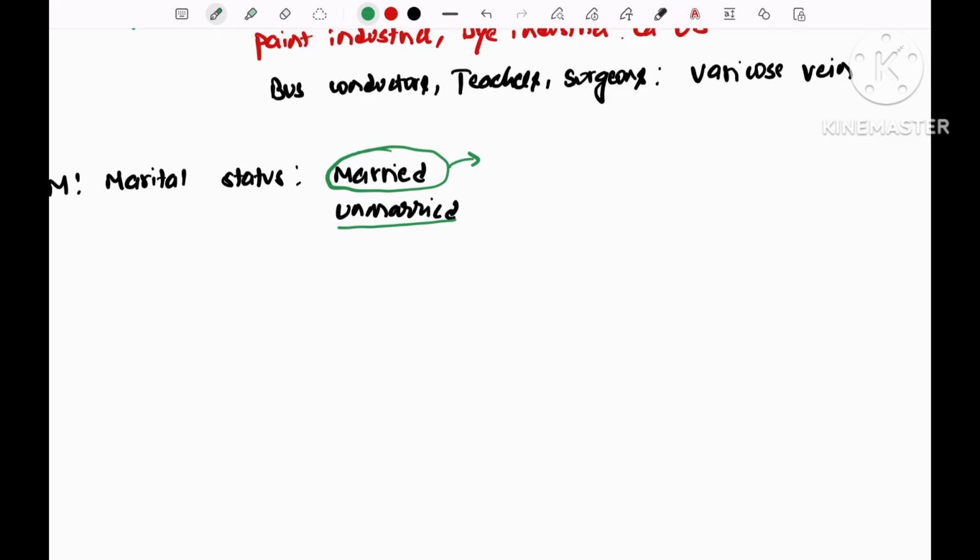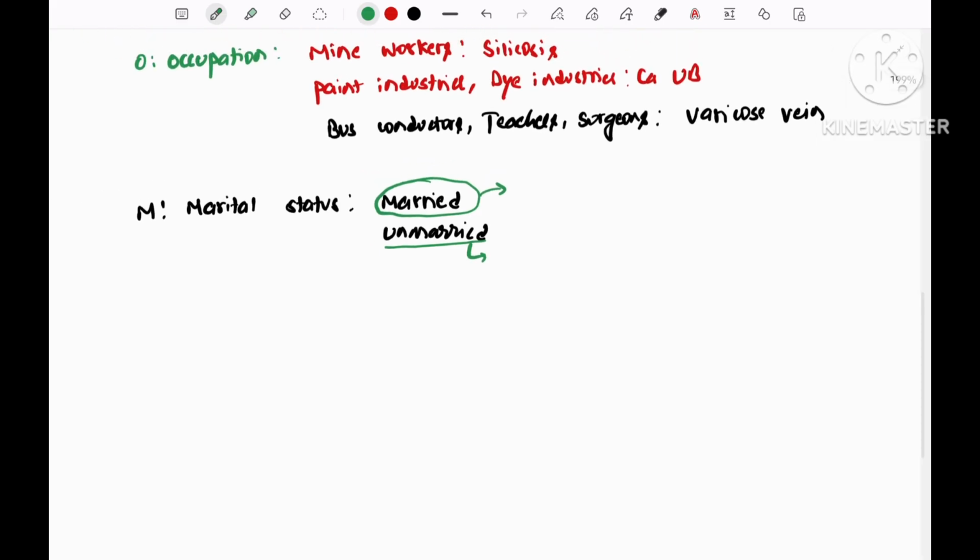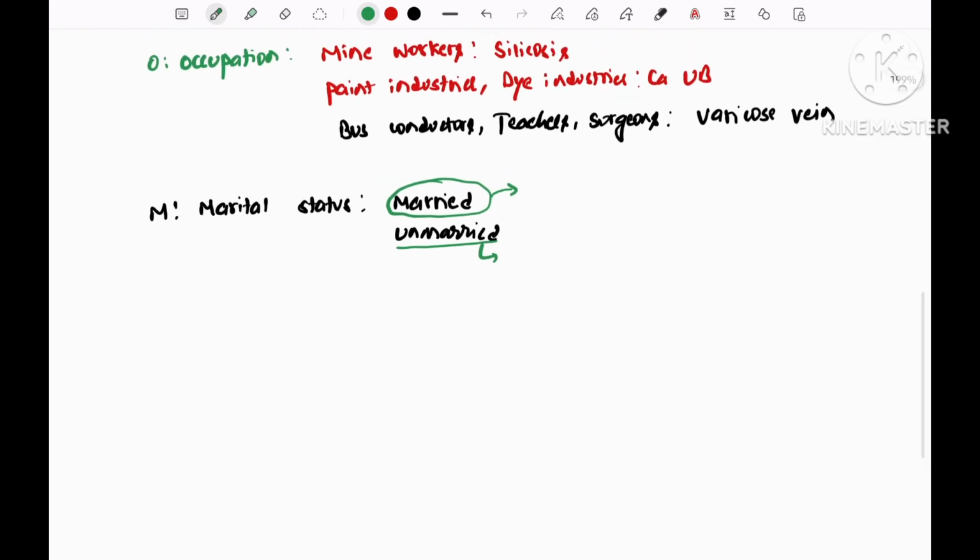And the second reason is that unmarried persons may get involved in sexual practices. So there can be a chance of transmission of sexually transmitted disease if the patient is having multiple partners. So for this, marital status is also important.